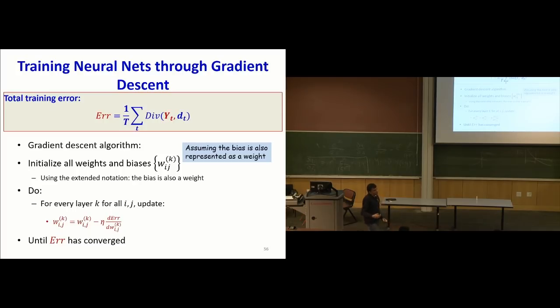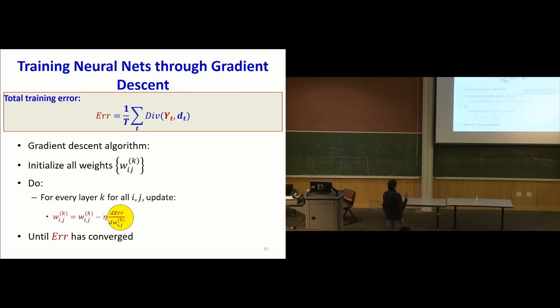I'm going to take a step against this derivative, right? And we keep doing this until the error has converged. So for every layer k, for all ij, you're going to update wij_k as wij_k minus some step size times the derivative of the error with respect to wij_k. Just straight up gradient descent.